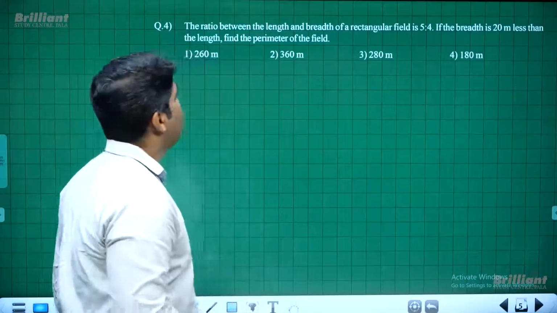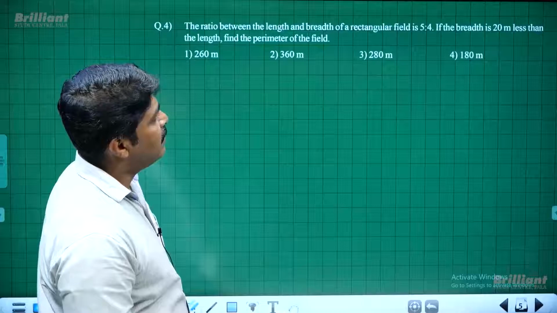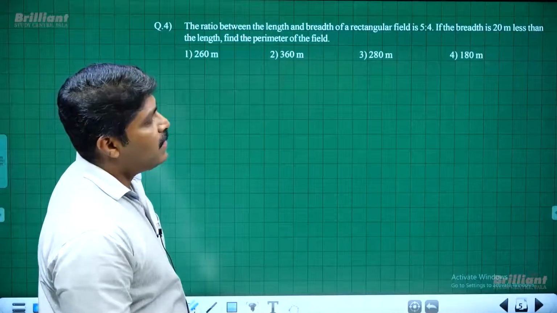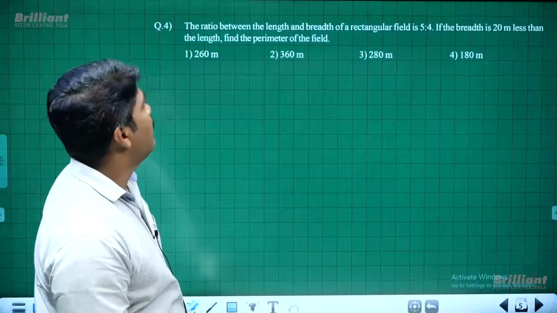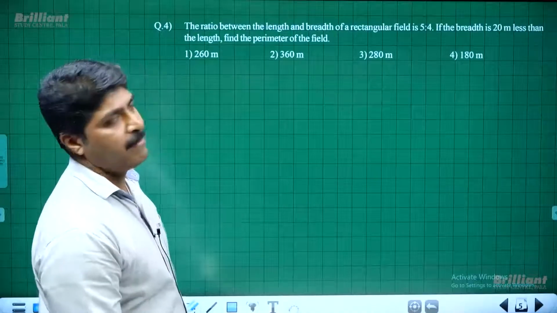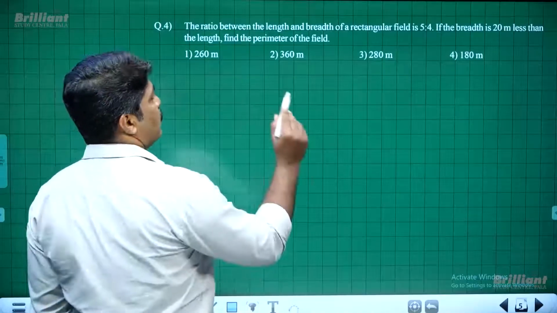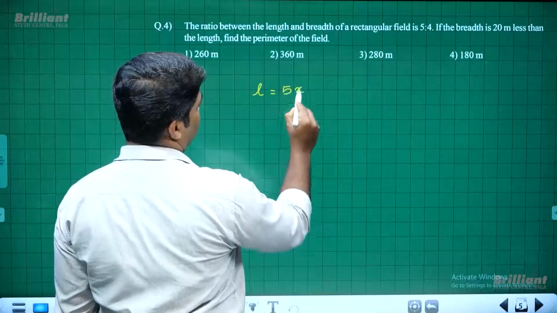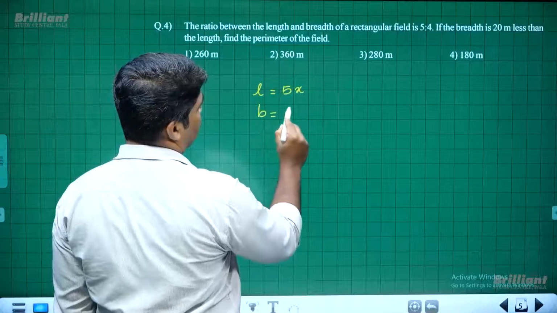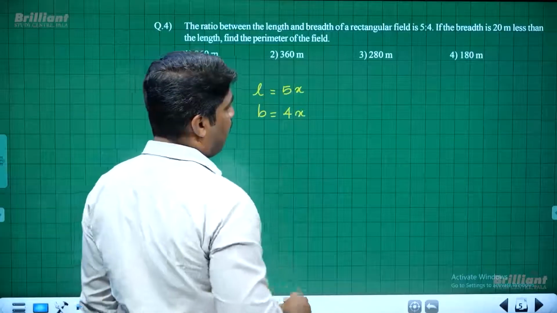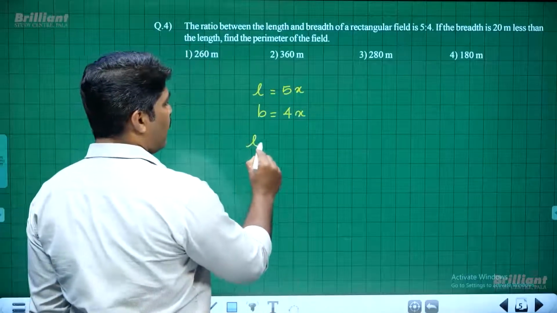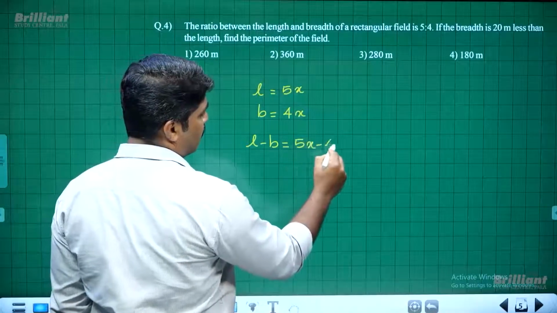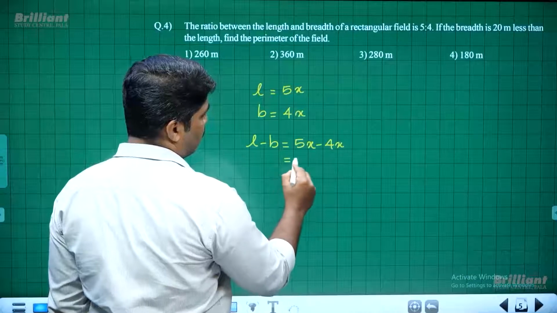The next question. The ratio between the length and breadth of a rectangular field is 5:4. If the breadth is 20 meter less than the length, find the perimeter of the field. So here we can assume length as 5x and breadth as 4x. The difference between length and breadth is 5x minus 4x, which is equal to x.